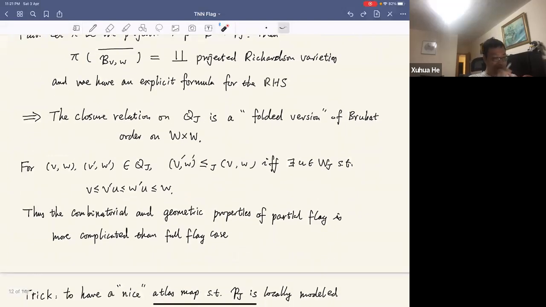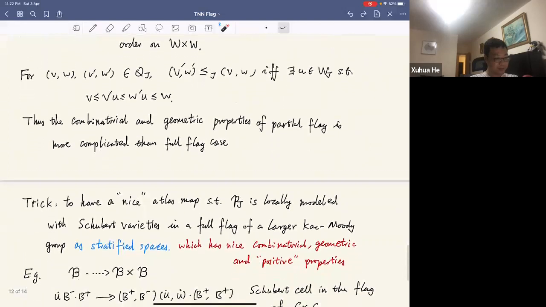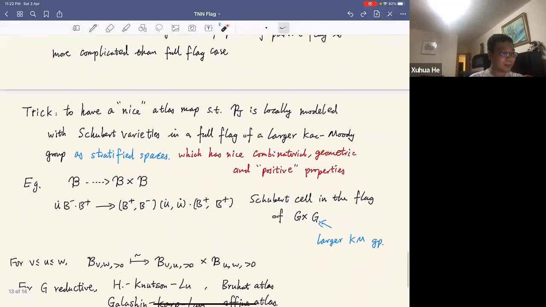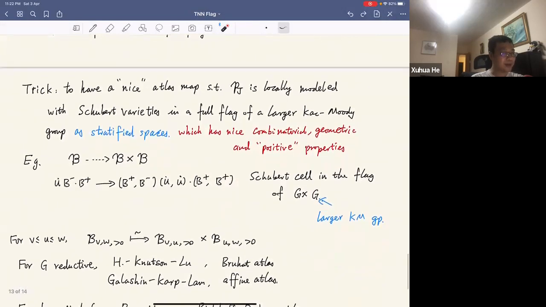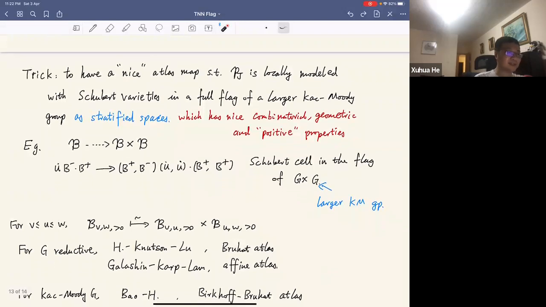And so I would say that this actually gives you a really challenging problem in understanding the partial flag varieties. So the trick we're going to use is to construct a nice atlas map.